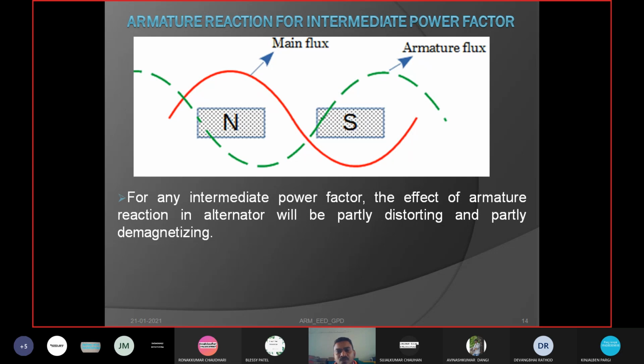When it is nearer to leading power factor, the effect is partly distorting and partly magnetizing. When it is nearer to lagging power factor, the effect is partly distorting and partly demagnetizing. So this is the armature reaction for intermediate power factor.